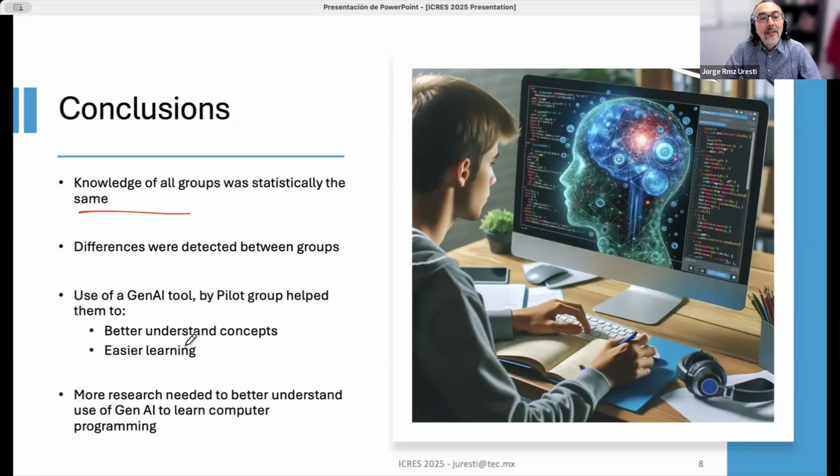We still need to do more research on how to better understand the concept, or how to make the learning easier, and to better understand how to use these new tools, generative artificial intelligence, for computer programming.